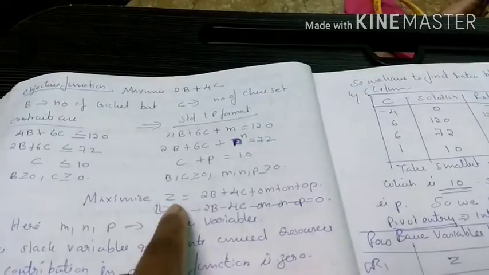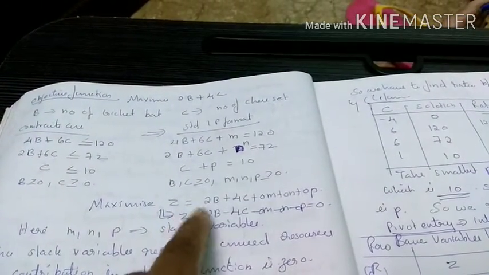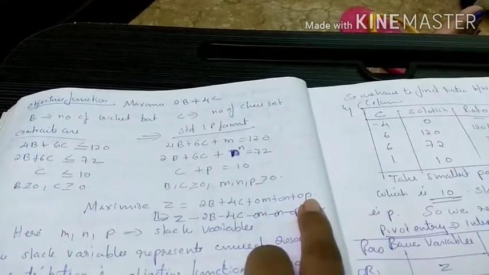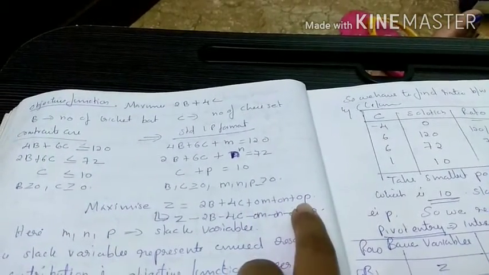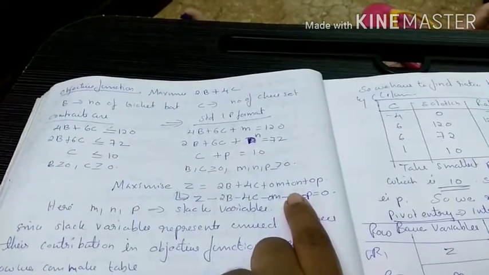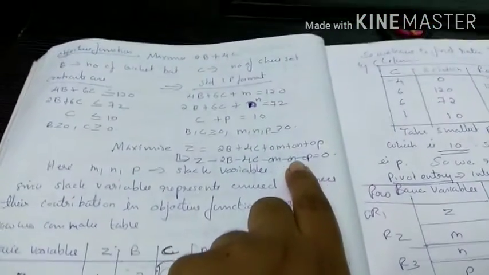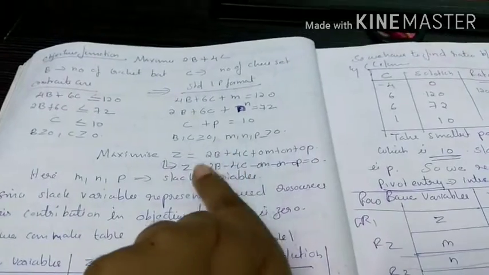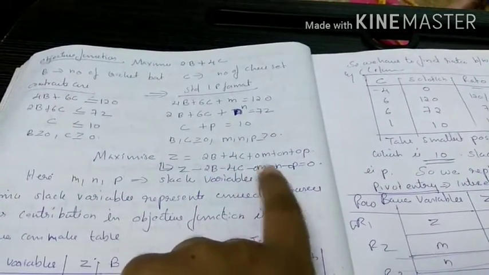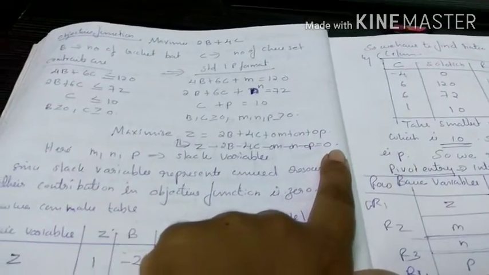Now we have to maximize the objective function Z equal to 2b plus 4c, and here all the slack variables will have coefficient 0, that is 0m plus 0n plus 0p. So we have to write this equation as Z minus 2b minus 4c minus 0m minus 0n minus 0p equal to 0.